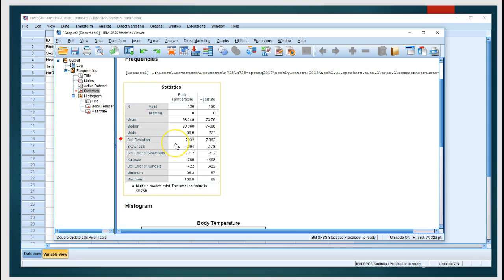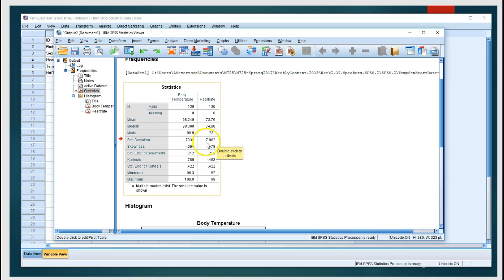The standard deviation is a measure of variance. So if you looked at the lowest and the highest and that distribution, did you have a lot of variance across those values or a small amount of variance? And you see that there was a lot more variance for heart rate than there was for body temperature.